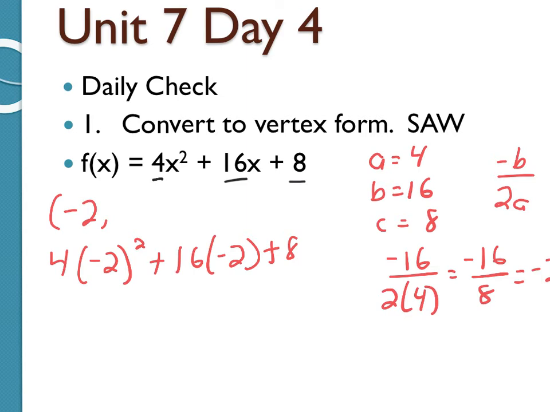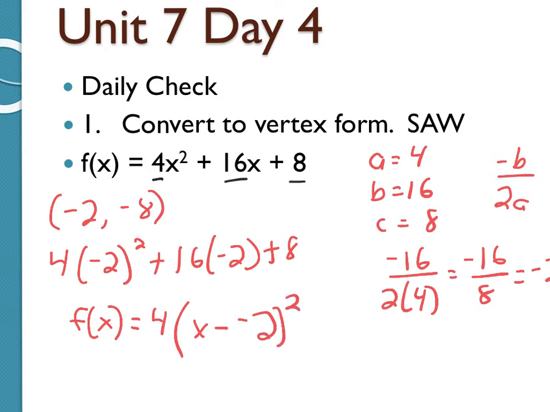Okay, so now that you've had time to put that into the calculator, that gives you negative 8. To put this into vertex form, we're going to do f of x is equal to, our first number is our A value, which is 4, x minus your x value of negative 2 squared, plus your Y value, which is minus 8.